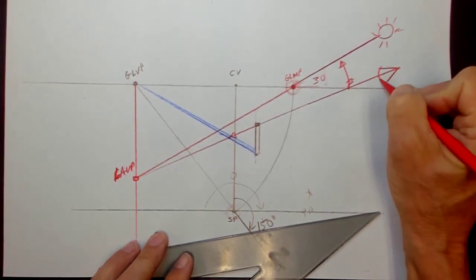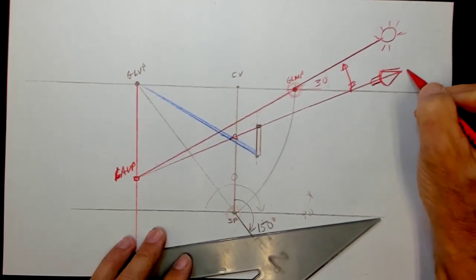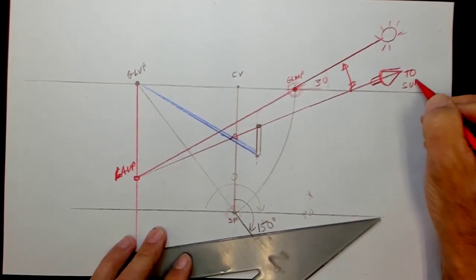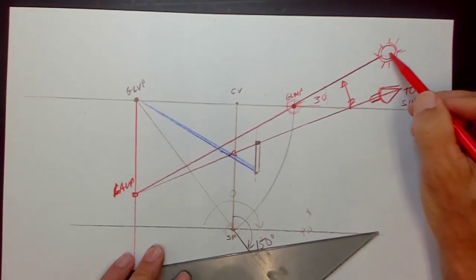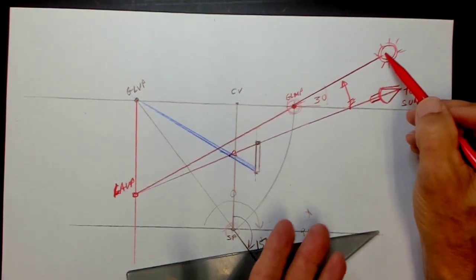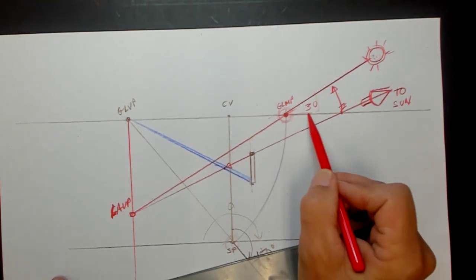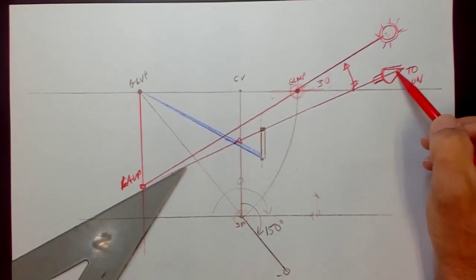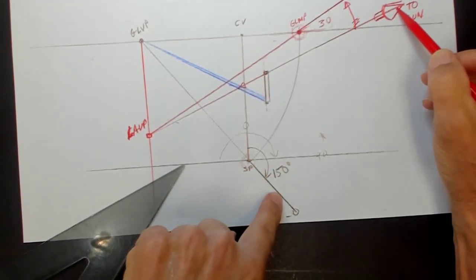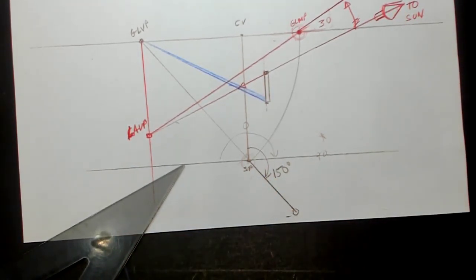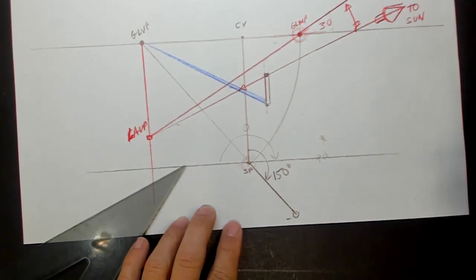Let's make a directional arrow like that. This is not the sun. This isn't really telling you the sun is here. This is just showing you the ray of light, the angle of the ray of light as it hits the ground plane. The sun is back here. It's 150 degrees around to the right of where the viewer is, over the right shoulder of the viewer. And if this kind of came out, it would eventually go to the sun.